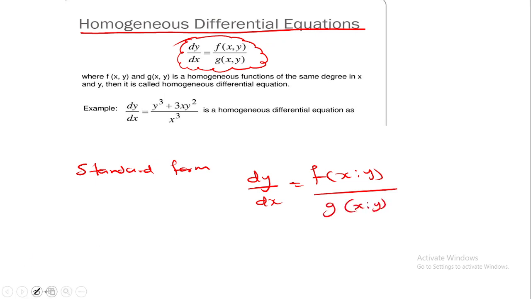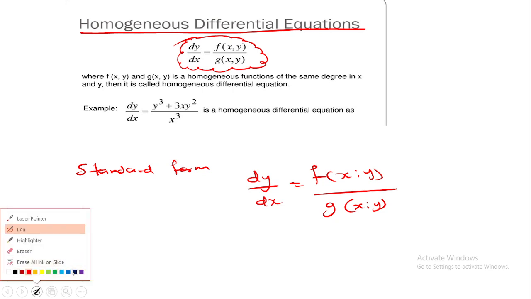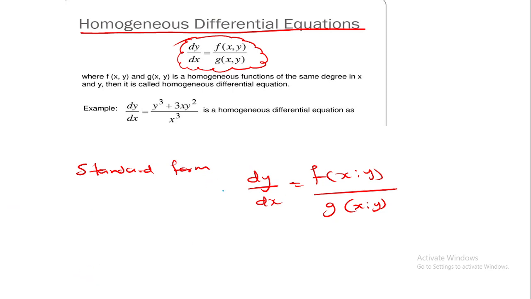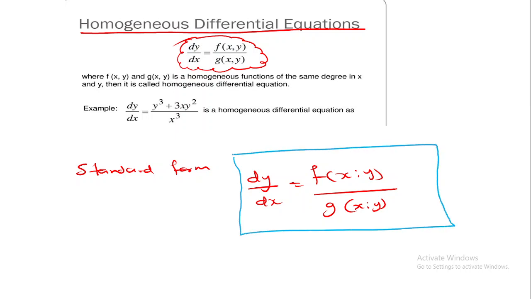There are some important things that you need to keep in mind when you are solving problems of homogeneous of the same degree. Always make sure that the differential equation you are given is in this standard form.